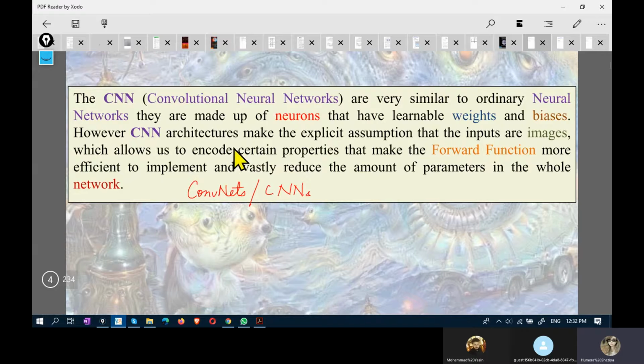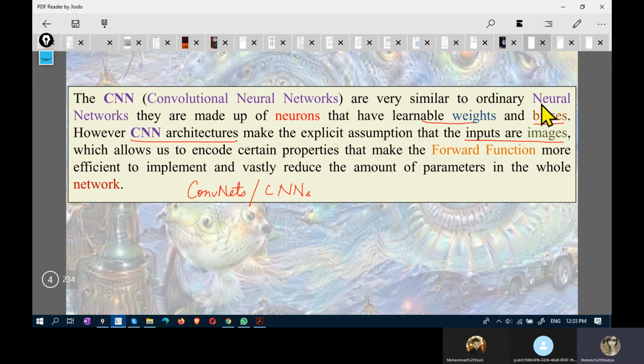They are similar to neural networks. They too have learnable weights and biases. However, the CNN architecture's speciality is that it assumes the input to be images, and the architecture is designed in such a manner to operate on images efficiently.